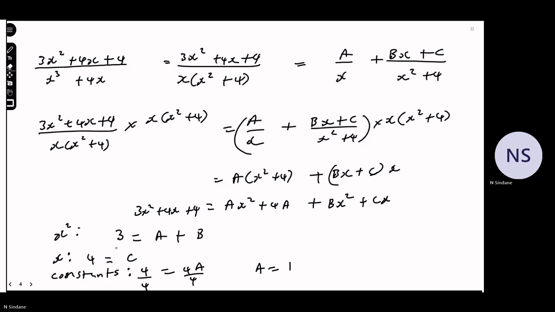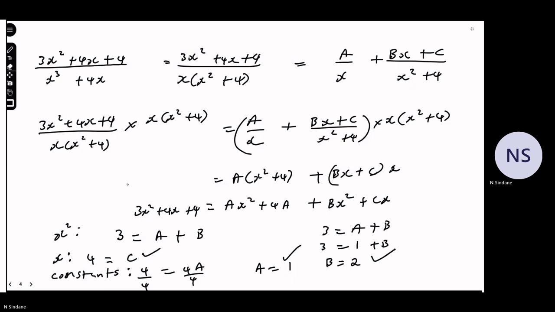I have 3 equals a plus b. Then a is 1, so 3 equals 1 plus b. Therefore b equals 3 minus 1, which is 2. I got the value of a as 1, the value of b as 2, and the value of c as 4.